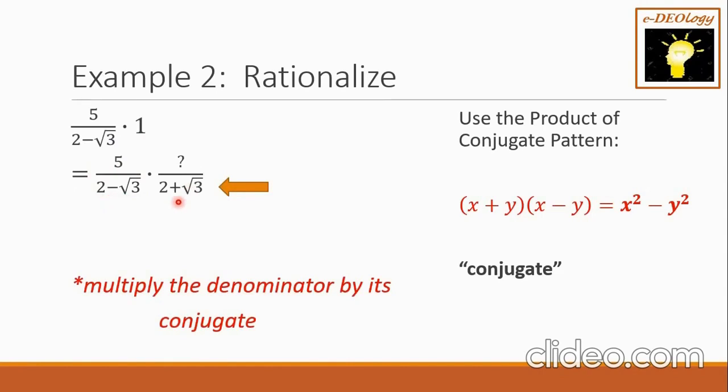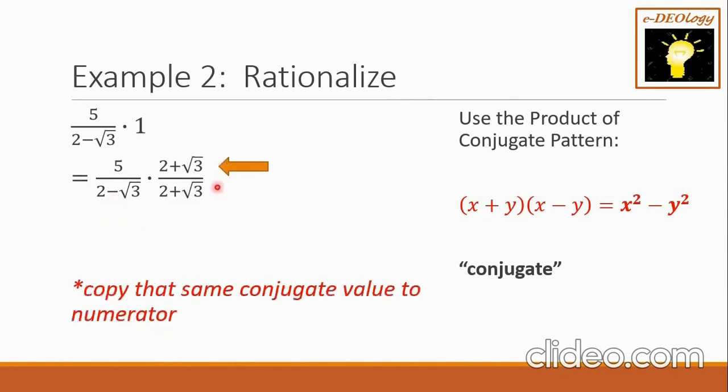In some problems, it may happen that this is positive, so you must write negative. The next is the numerator. We'll just simply copy the conjugate value. So when this numerator and denominator are equal, this value is equal to 1. So it's not changing the value of our original fraction.